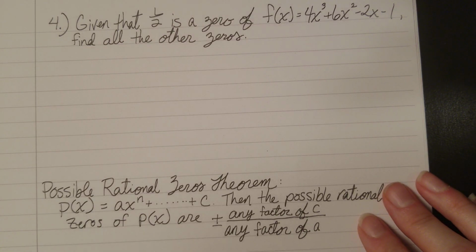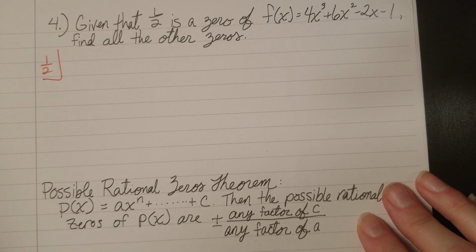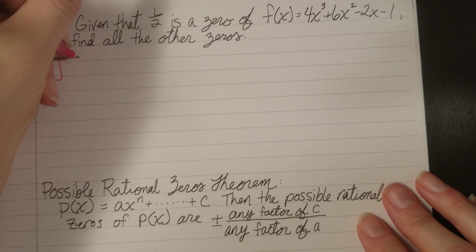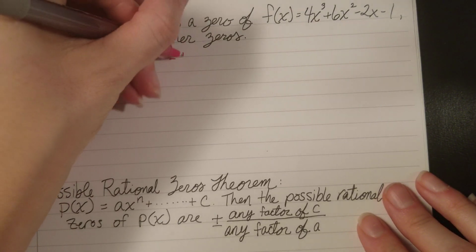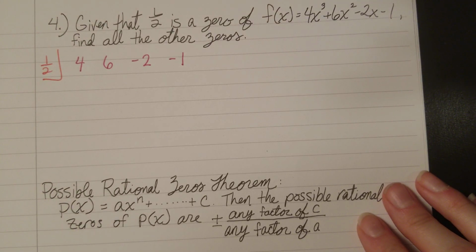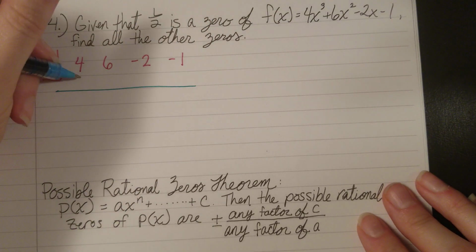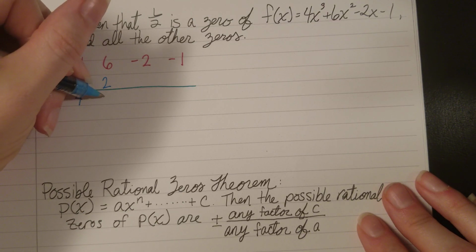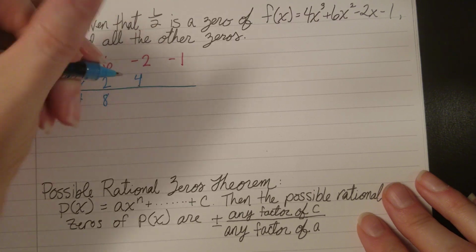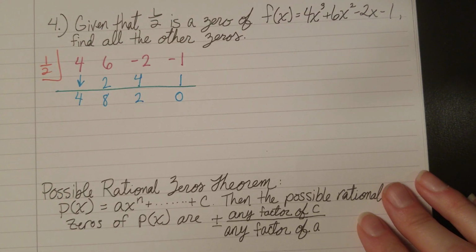Okie dokie, so 1/2 is going to go in the box, and my coefficients, I've got 4, 6, -2, -1. Bring down the 4, 2, 8, 4, 2, 1, 0. Again, we knew that 0 would come out there.